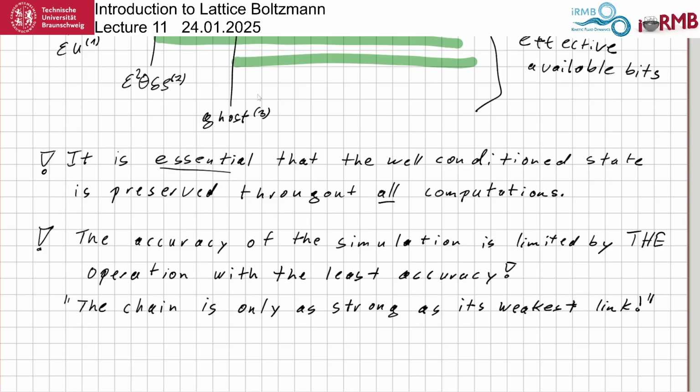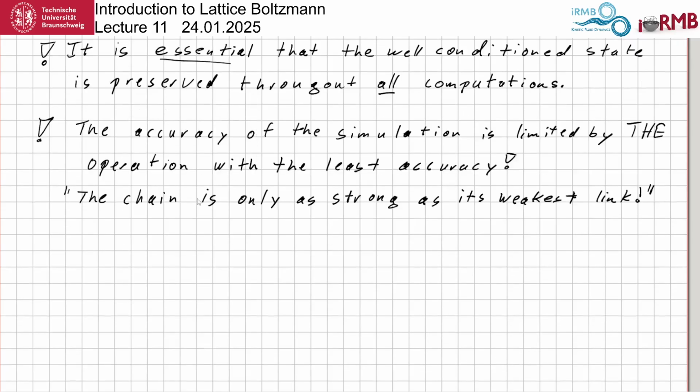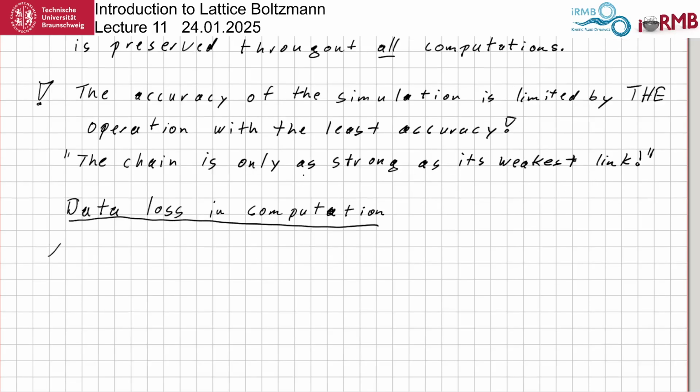So now we spent a lot of time talking just about the storage. Now we come to the computation. Data loss in computation. So far, we only talked about storing data. We did not yet talk about round-off errors in actual computation. Usually you would have to combine all the measures together.